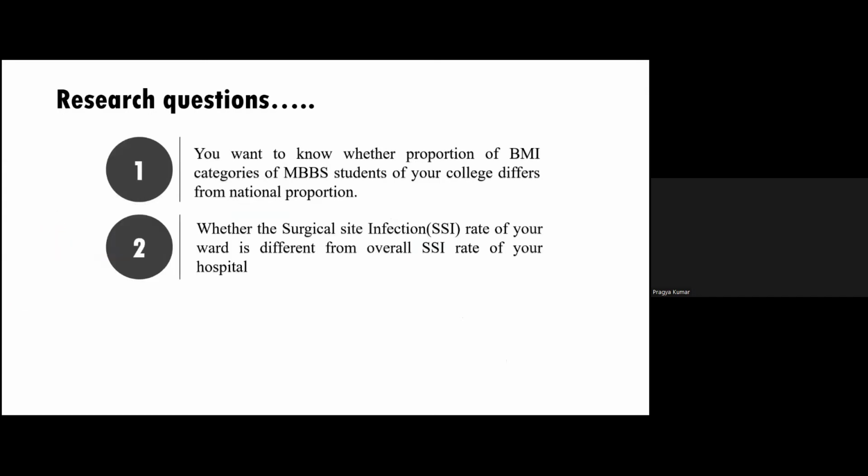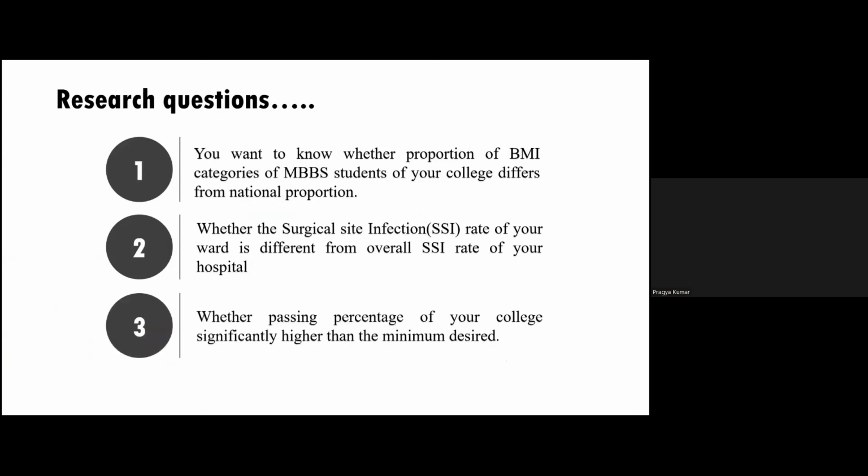So the research question in such a scenario will be: I want to know whether the proportion of BMI categories of MBBS students of the college differs from the national proportion or not; whether the surgical site infection rate of your ward is different from the overall surgical site infection rate of the hospital; or whether the passing percentage of your college is significantly higher than the minimum desired percentage.